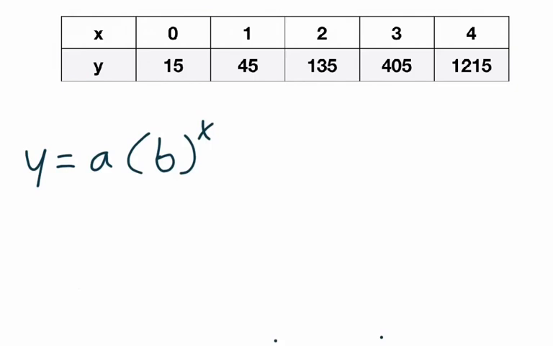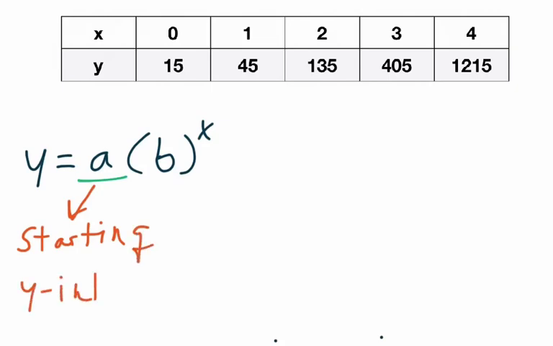We're going to start with the a. Remember that a, if we go back to our notes on exponential functions, is your starting value, or y-intercept, as a real fast review. If we had this on a graph, we could find the y-intercept straight from the graph.